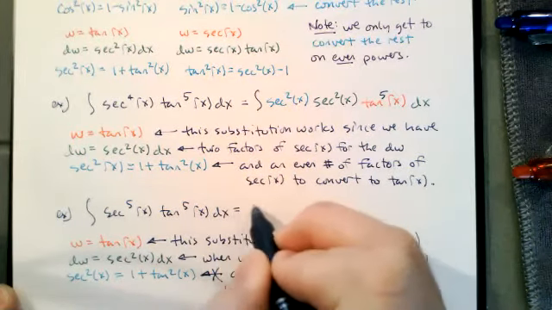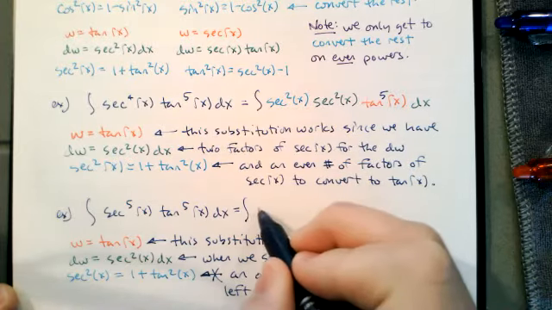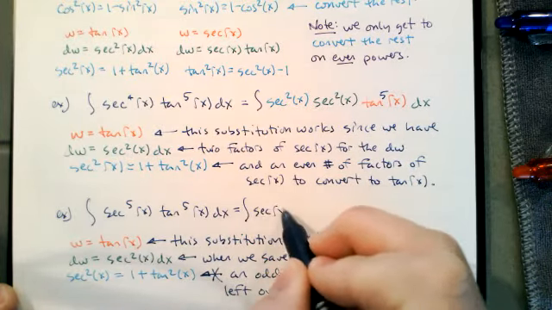So what's going on here is, if I have a secant squared for the dw, secant squared can be converted to 1 plus tangent squared, but then I have this rogue factor of secant that I can't do anything with. I've got this secant x.